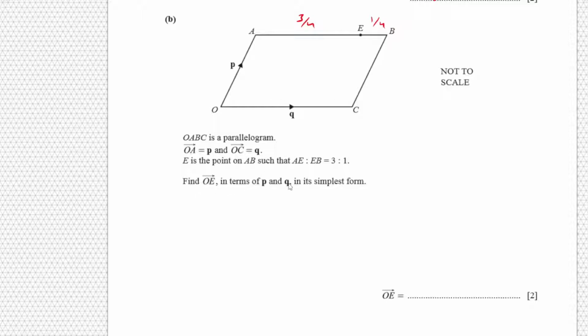Find OE in terms of P and Q. So now we have to go from O to E. To go from here to here, we can go from O to A. So OE equals, first go from O to A, and then go from A to E. Going from O to A, we just take P. And A to E, we take 3/4 of the Q, because that whole line from A to B is Q, so 3/4 of that is plus 3/4 Q. And actually that's it, isn't it?